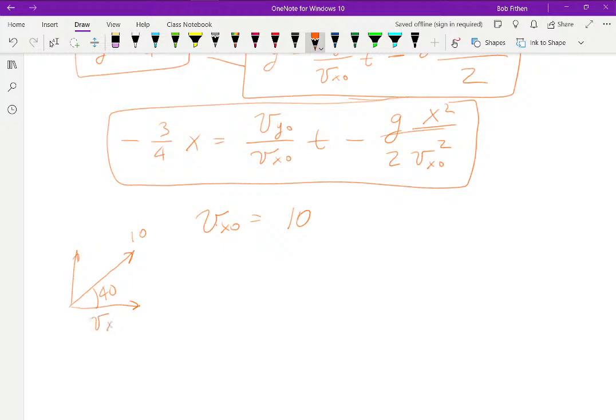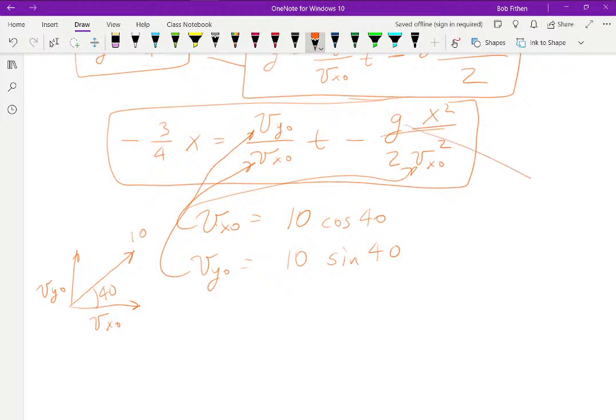So you get Vx naught, the x component, equals 10 cosine 40, and Vy naught equals 10 sine of 40. Inject this one right in here, that one right there, this right here.